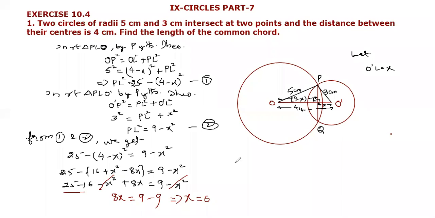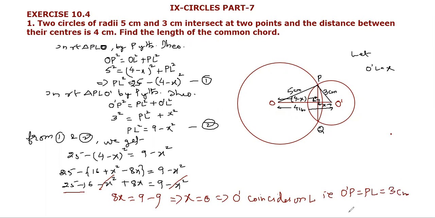That means O dash coincides with L. X is equal to 0 means O dash is on L, not beyond L. Once it coincides with L, O dash P will be equal to PL, and O dash P is 3 centimeter, therefore PL will be 3 centimeter.